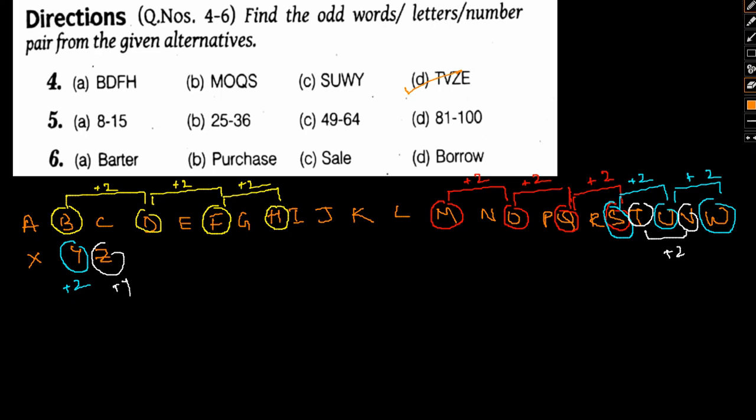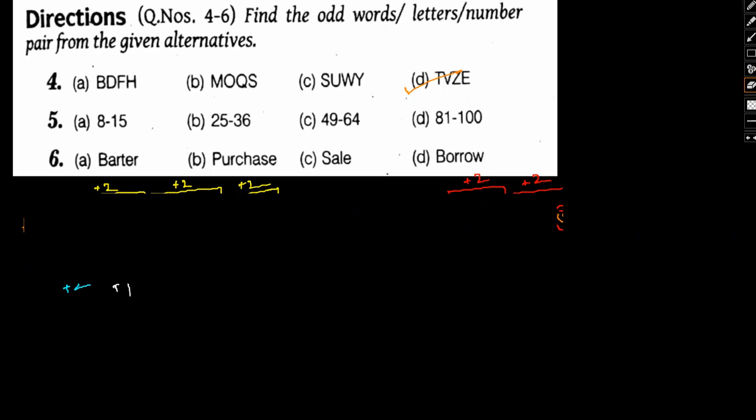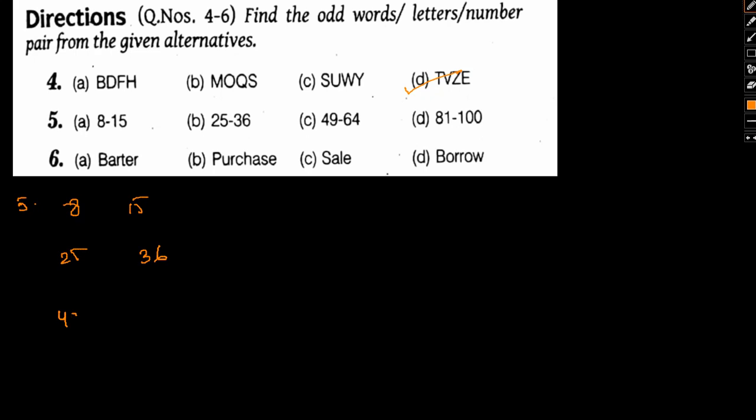For question 5, the question that we see is of numbers. Let me just get rid of this first. If we talk about 5, let's focus on the pairs first. We have 8, 15, 25, 36, 49, 64, and 81, 100.